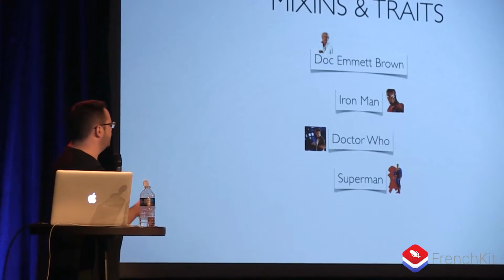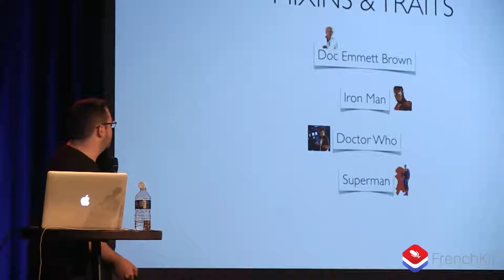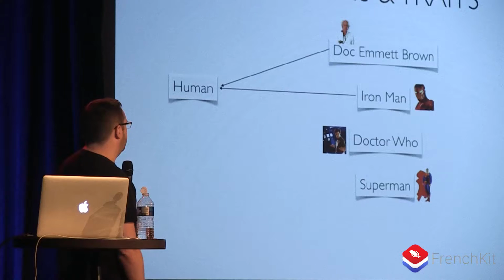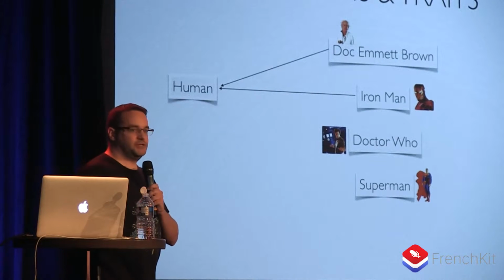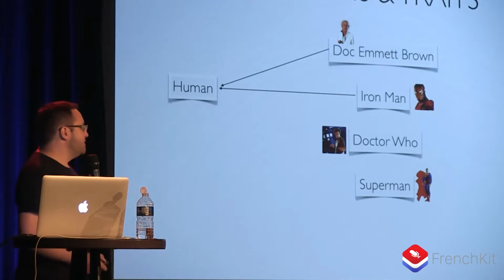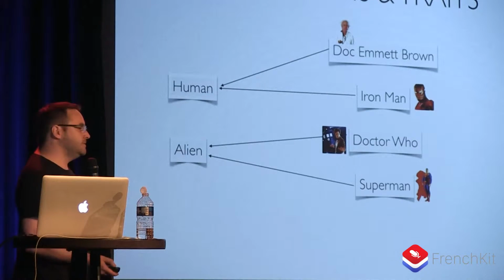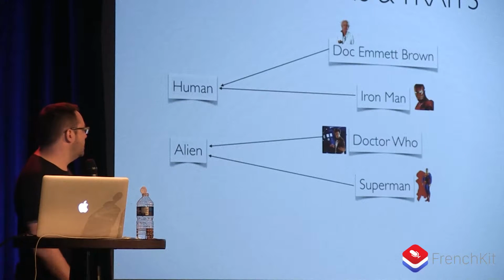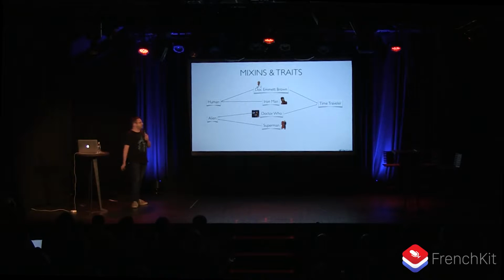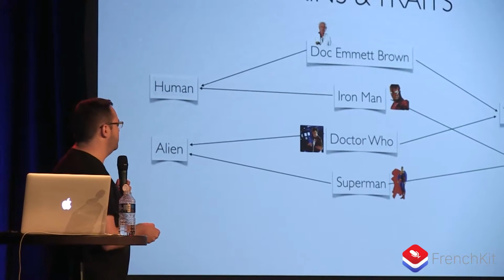You will start to model those as probably classes, but you will realize that they have some common traits, like some of them are humans, so probably they share some common behaviors. Some of them are aliens, so same probably common behaviors there. But you also realize that some of them have abilities like time traveling or flying. And if you were to model that with inheritance, you couldn't, because you would have multiple inheritance. Like, for example, Iron Man would be both a human and a flyer.